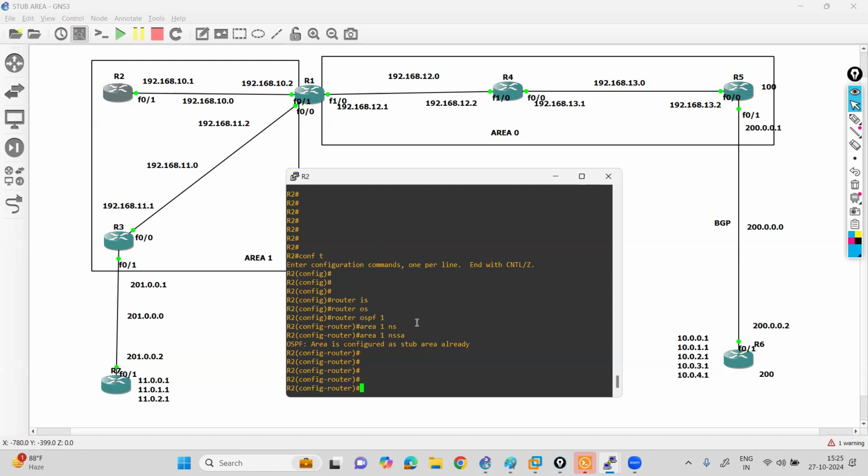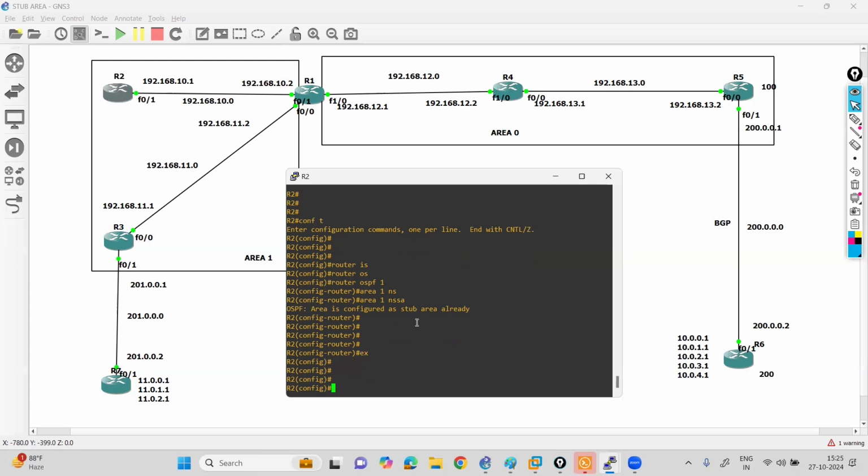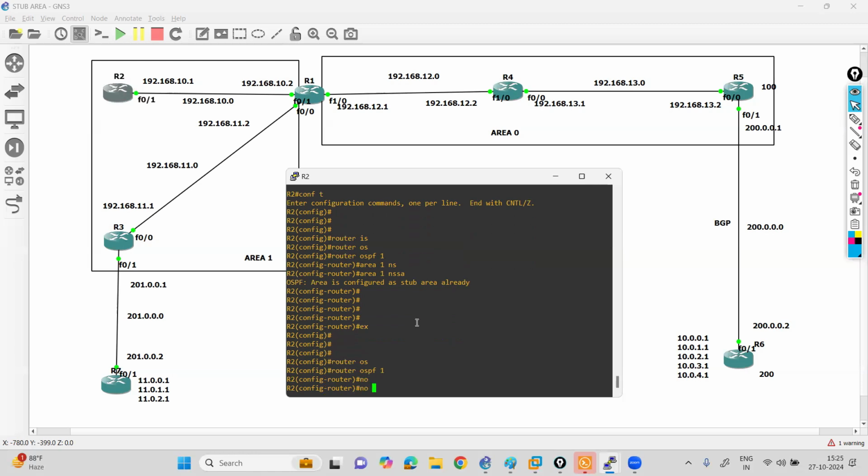But let's see, we have another way too, because we can't reconfigure everything. So we will go to router OSPF 1, no area 1 stub. This is the configuration used.